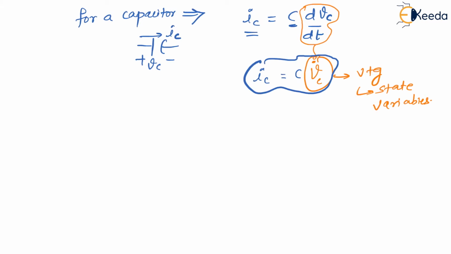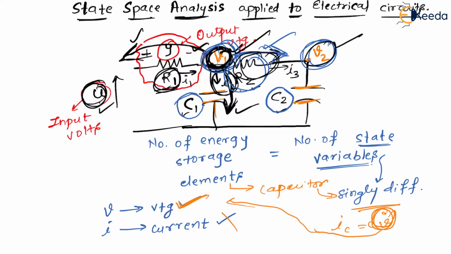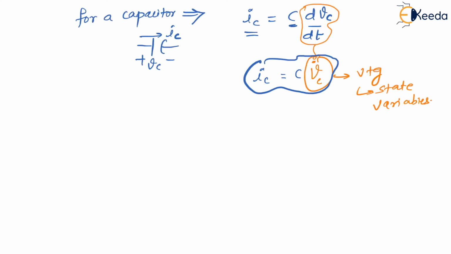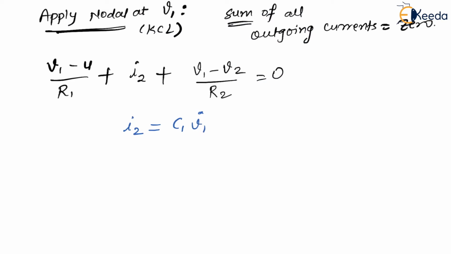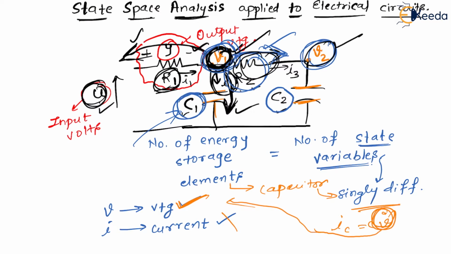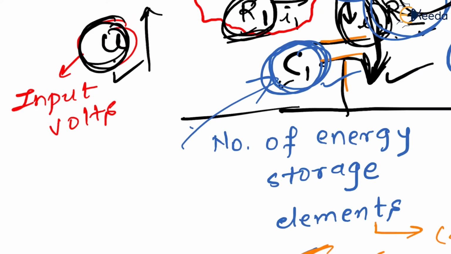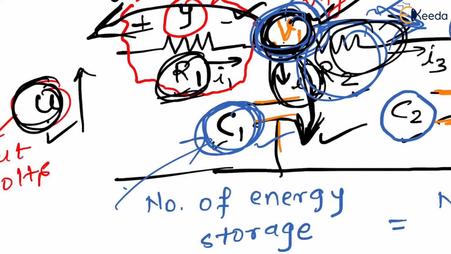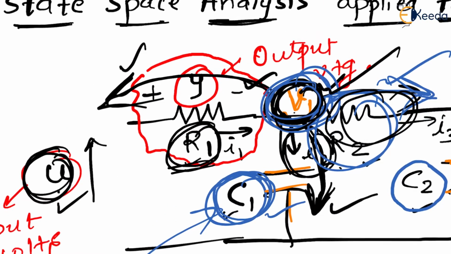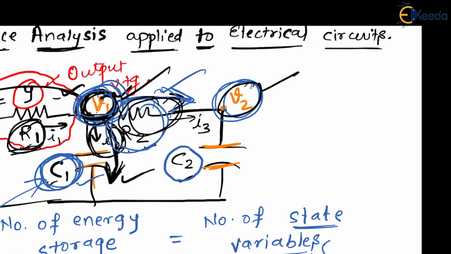So if I think of this capacitor C1, it is capacitor value C multiplied by Vc dot. So it is going to be C1 into V1 dot, because the voltage across this capacitor is nothing but V1 only.